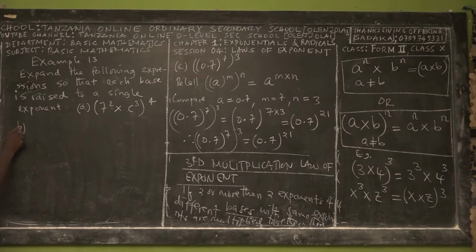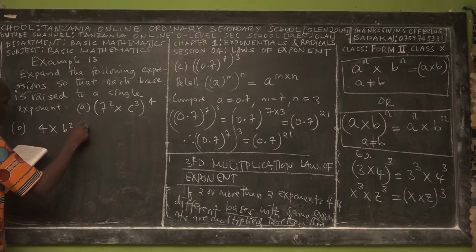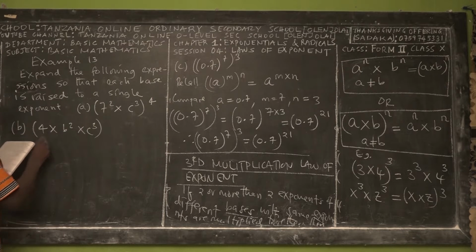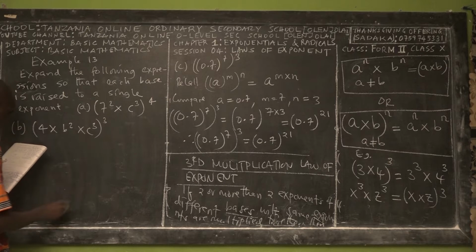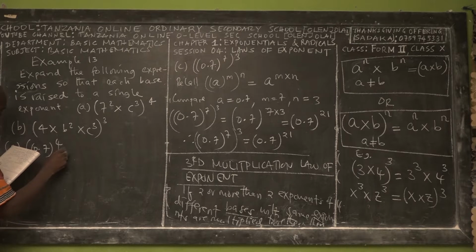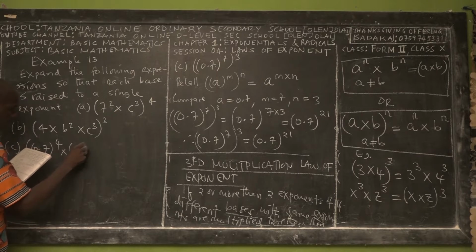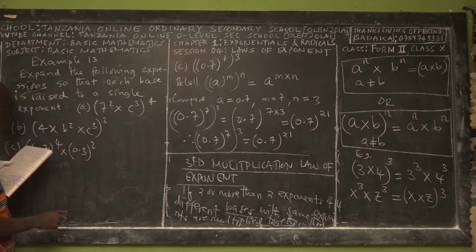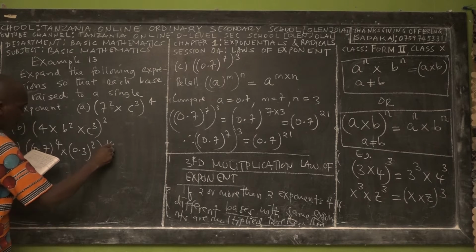Then B: 4 times B times C cubic, power 3. Then C: (0.7) power 4 times 0.3 power 2, and all of this power 4.